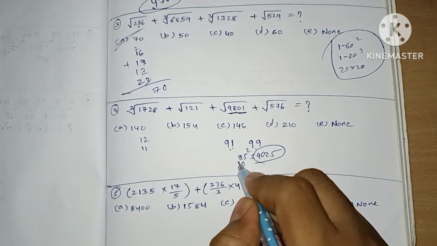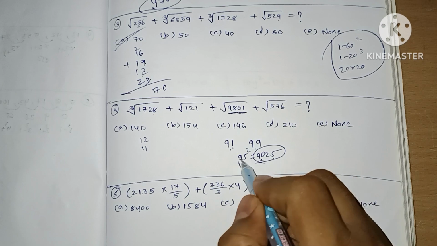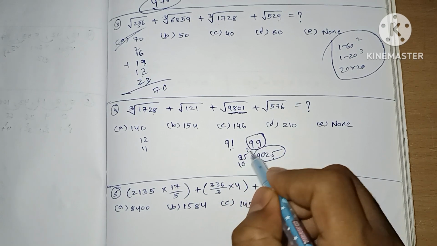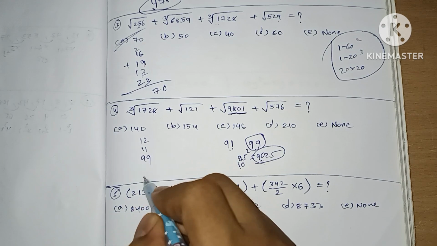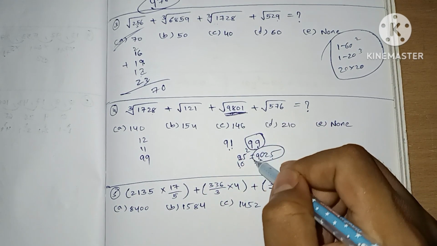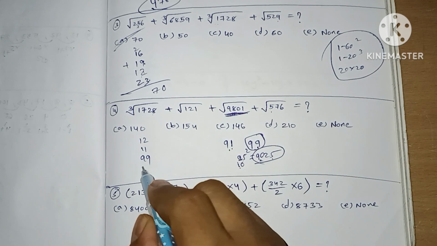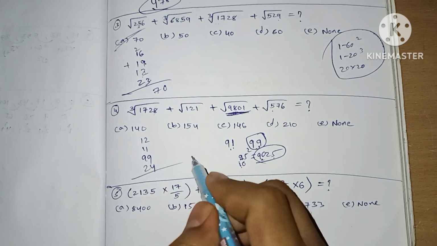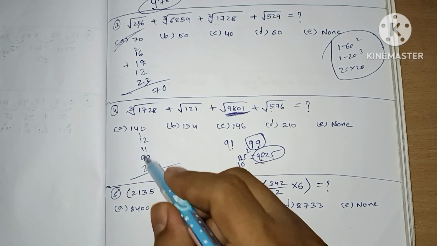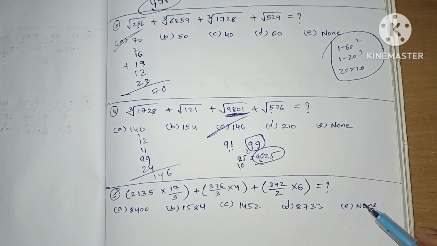So the 95 square value is 9025. This number is greater than 95 square, so our value must be greater than 95 square. So it is 99. I actually know this number, I'm just explaining how to do square roots. Here it is 24 square. So we have 10 and 6 16. 10 and 4 14. 146 is our answer, option C.